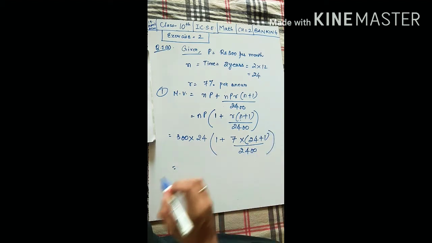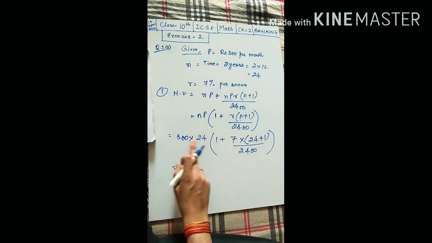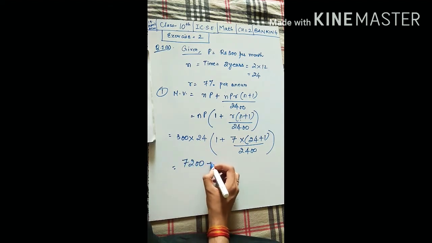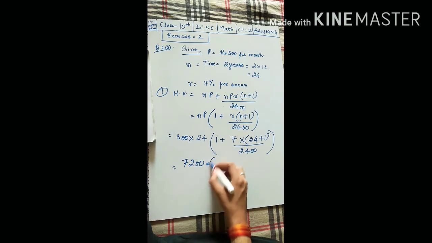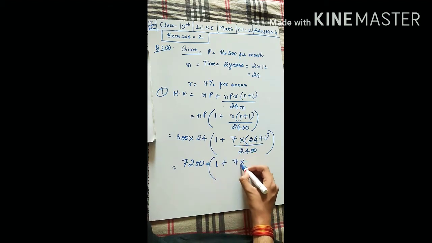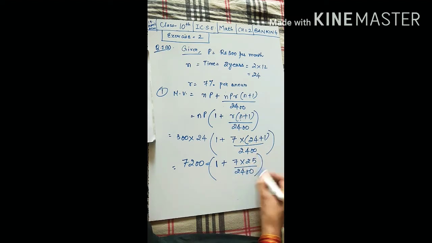2400. Okay, 300 into 24, on calculating we will get 7200. Okay, bracket 1 plus, then this is 7 into 25 upon 2400. Can cancel this 25 and this one with 5.